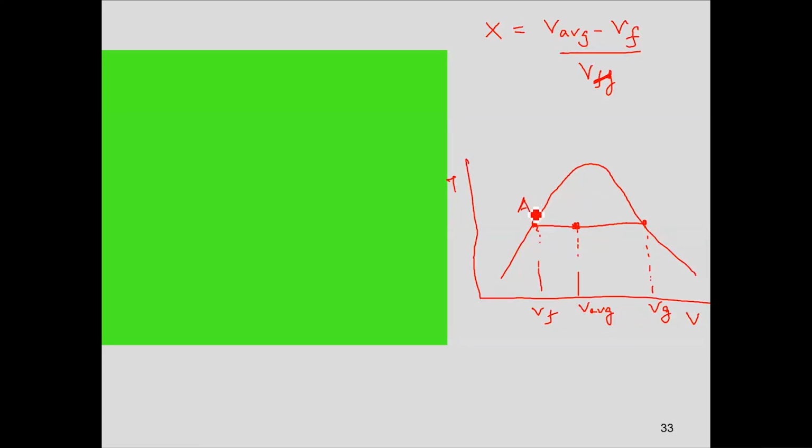I represent the saturated liquid as A, the V average value as B, and the Vg value as C. Now, in terms of x, can you tell me how we can express V average minus Vf? What is this distance on this line?